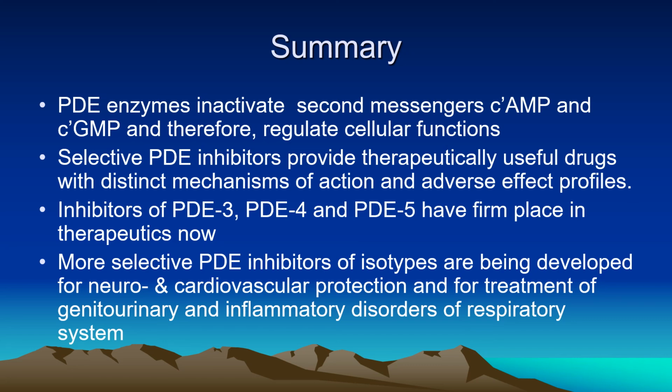Selective phosphodiesterase inhibitors provide therapeutically useful drugs with distinct mechanisms of action and adverse effect profiles. Inhibitors of phosphodiesterase 3, 4 and 5 have already found a firm place in therapeutics and are used clinically. More selective inhibitors of further isotypes are being developed for neuro and cardiovascular protection and for the treatment of genitourinary and inflammatory disorders of the respiratory system.